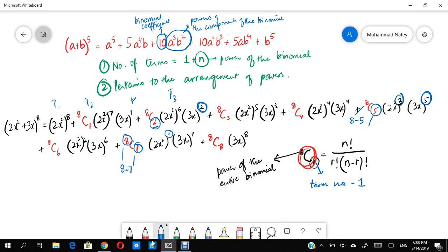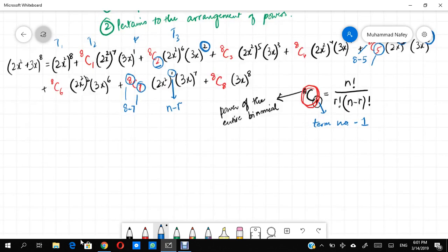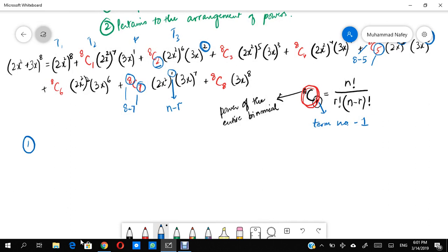This means that the power of the first component of the binomial in every step of the expansion would be equal to n take away r. So, we come to two conclusions here. Number one, r is the power.